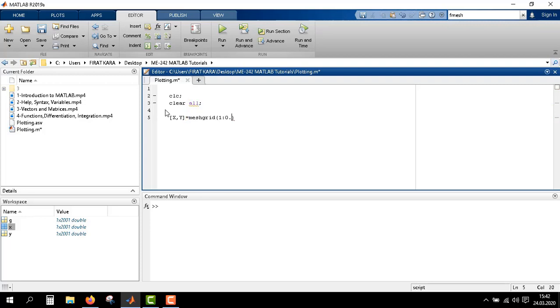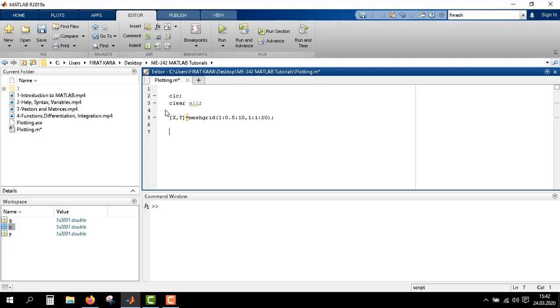These are the x values of a grid, and these are the y values.